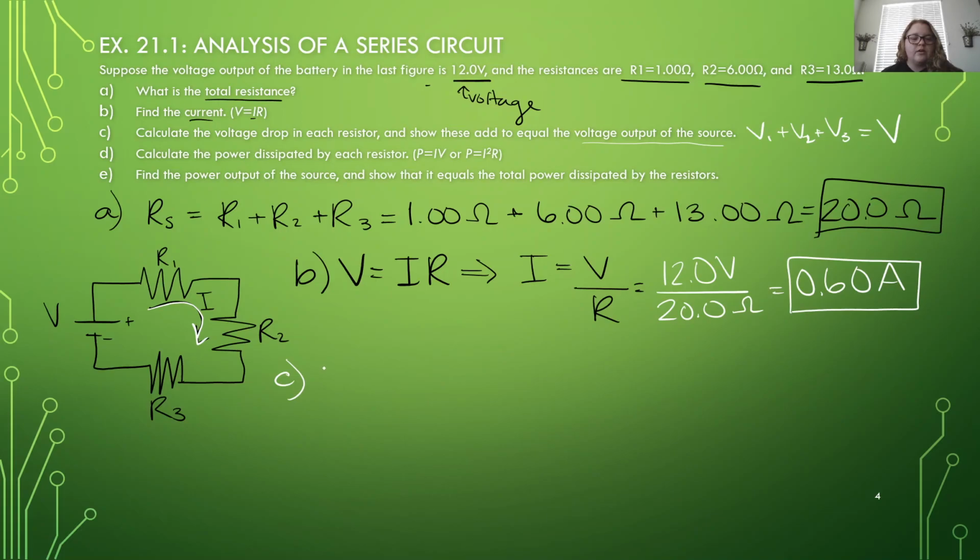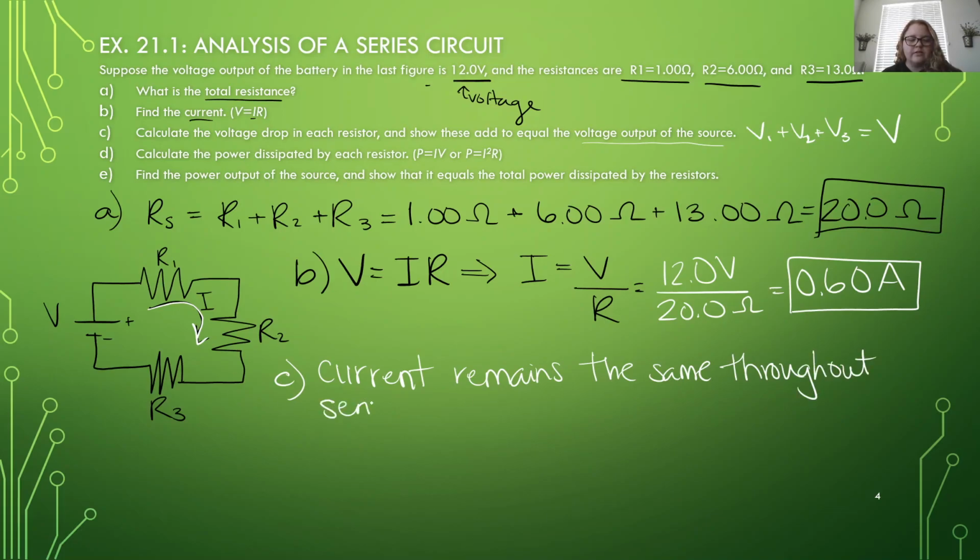Okay, so note that current remains the same throughout a series circuit. Okay, so with that information, we can start finding each of the voltages.